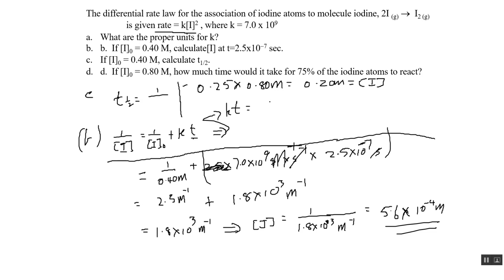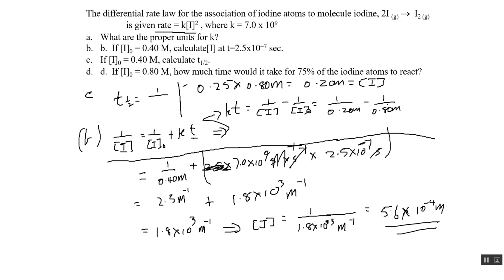So kt is equal to 1 over the concentration of I minus 1 over the initial concentration of I, and this would be equal to 1 over 0.20 M minus 1 over the initial concentration, which is 0.80 M. And so 1 divided by 0.2 minus 1 divided by 0.80, hold on, let me do this.